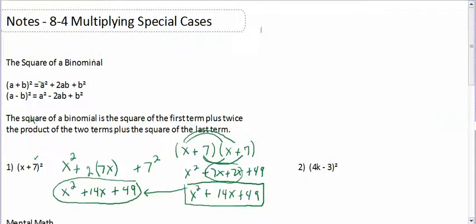Okay, then the next problem, we're going to use the square of a binomial. So we take the first term, which is 4k, and we put that in parentheses, and we square the whole thing. The last term is always plus, and it's the second term, which is our 3. Now we take 4 times 3 with the k, and we multiply that by 2. And the sign comes from right here.